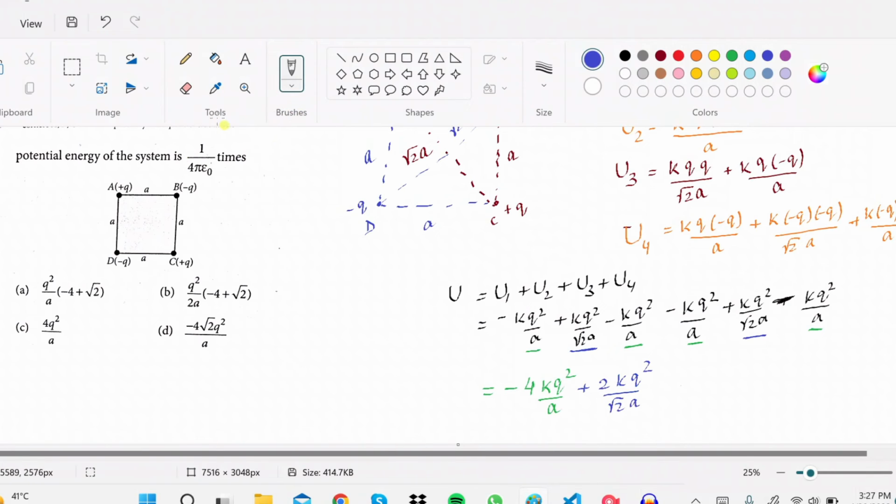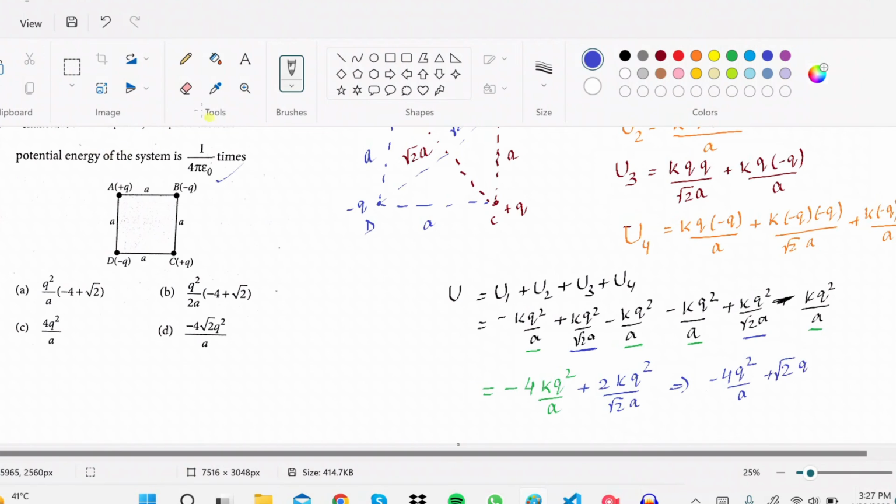Let's take common out. They are saying 1 by 4 pi epsilon naught times, which is our K, and they have not expressed their answer in terms of K, so we can eliminate it. What are we left with? Minus 4 Q square by a plus 2 Q square by root 2 a.